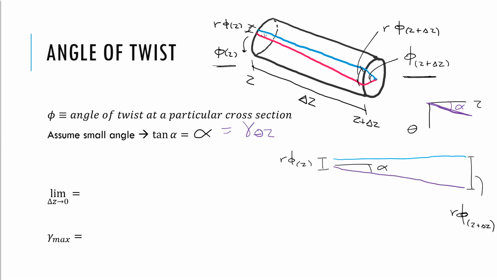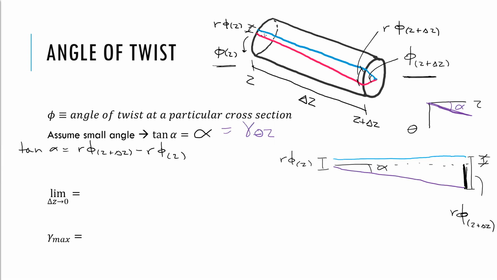So tangent of alpha is opposite over adjacent. The opposite is going to be R phi of z plus delta z minus R phi of z, right? You need to subtract out, if this continues down, you need to subtract that amount out to get this leg here, that opposite leg.